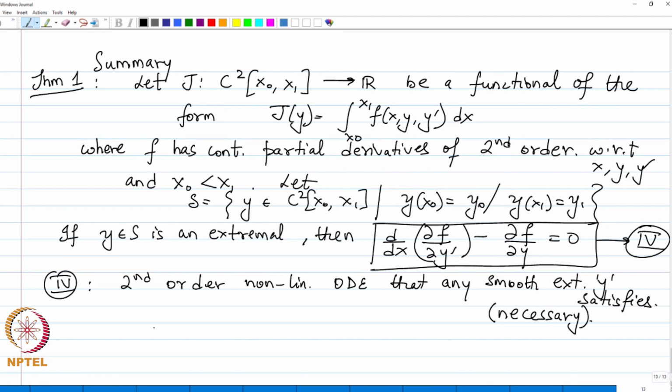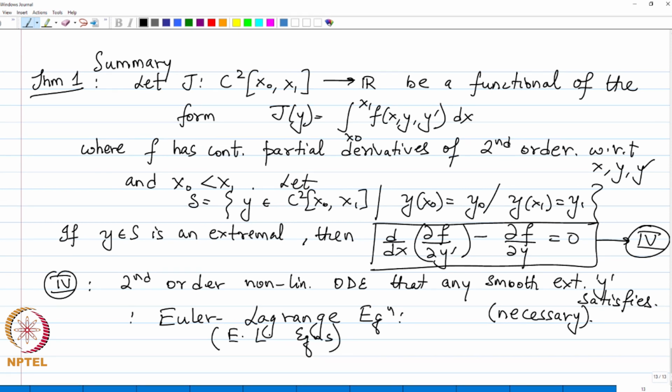This is further known as the famous Euler Lagrange equation. From now on I am going to talk about this equation and denote it by the shorthand notation EL equations.